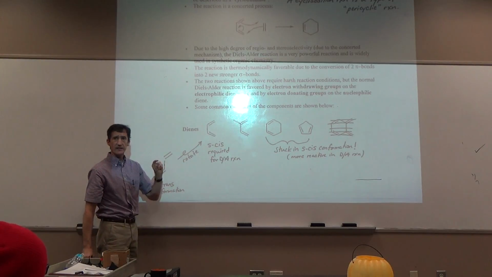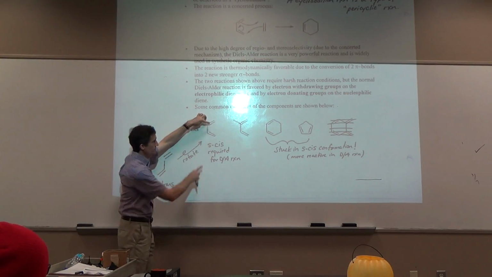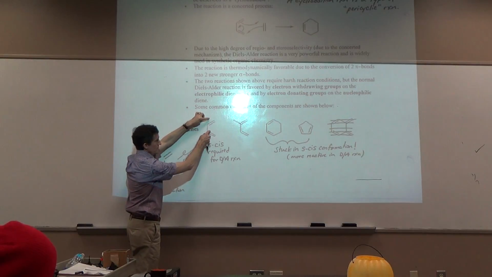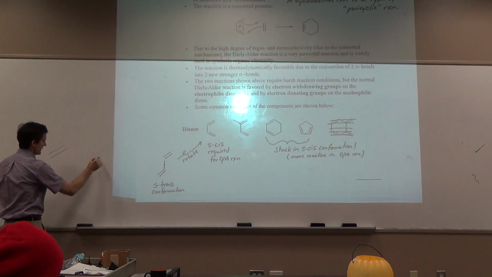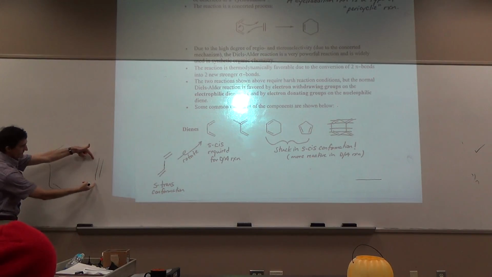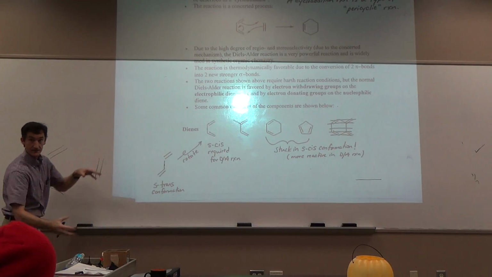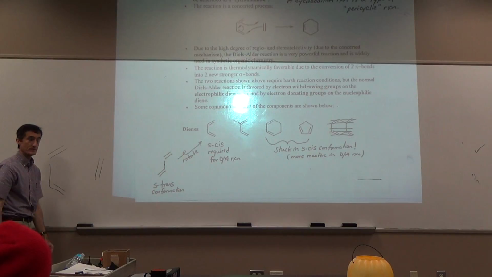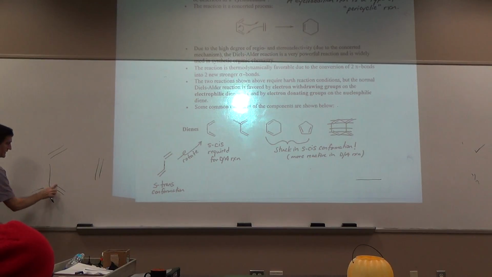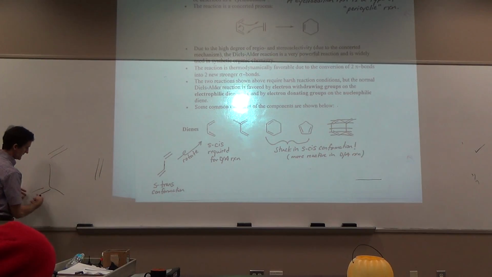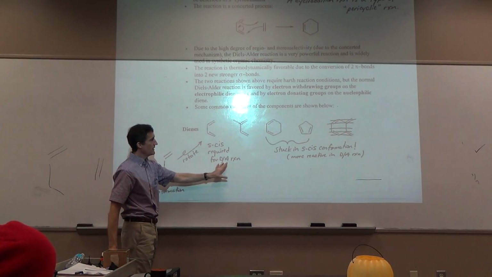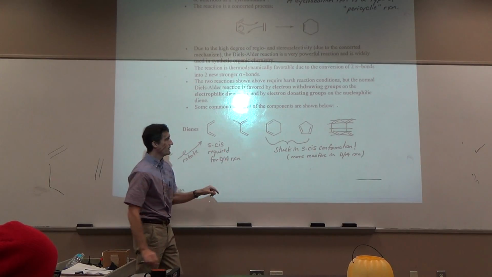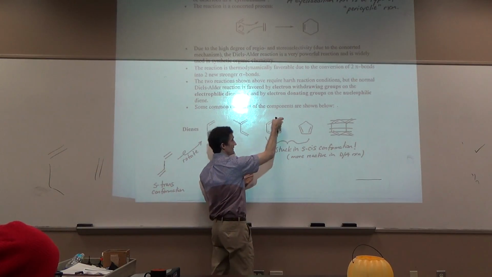But when the Diels Alder takes place, it has to be in this form. If you're going to make a ring, if these are going to react here, I mean, if this is pointing over here, how are you going to make this 6-membered ring? In the end, it has to be in the S-cis form when it reacts. Why are these particularly reactive? Because they're stuck in that form.